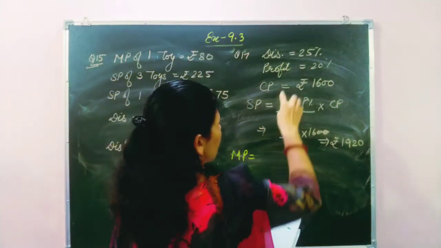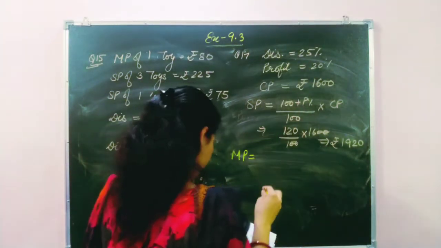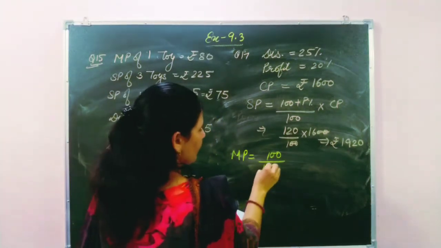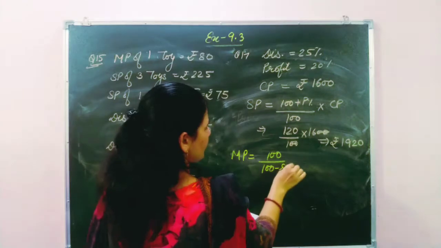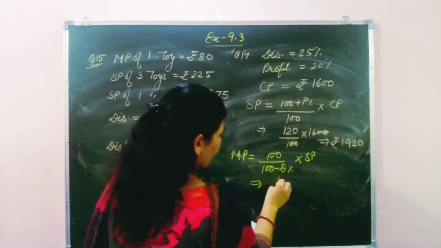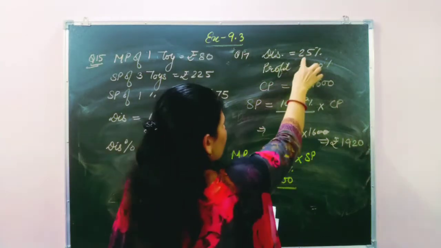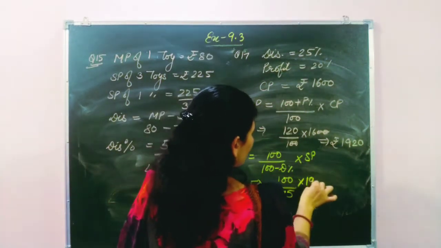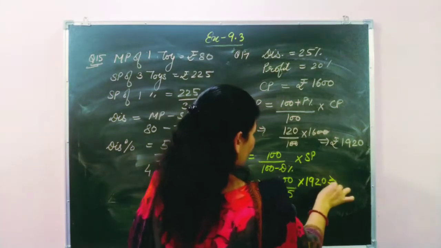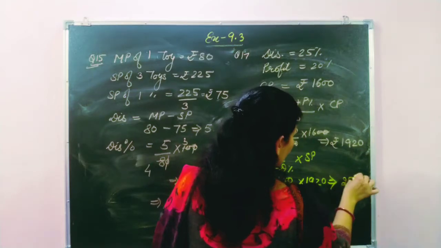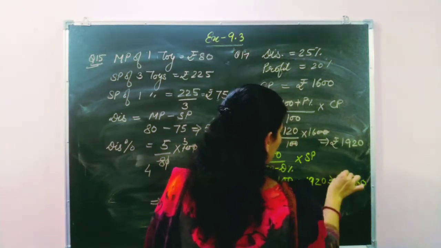For the mark price, they have given a discount of 25%. So how to find the mark price? 100 minus discount percentage, multiplied by SP. So 100 minus 25, 75%, multiplied by 1920. After the calculation, we get 2560 as the mark price.